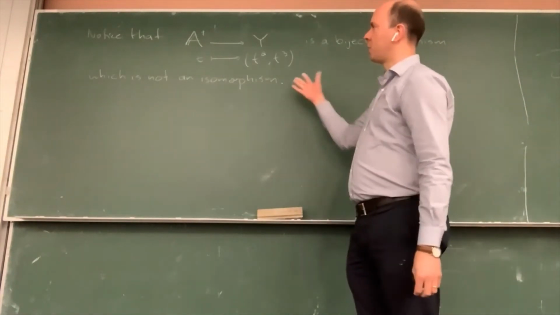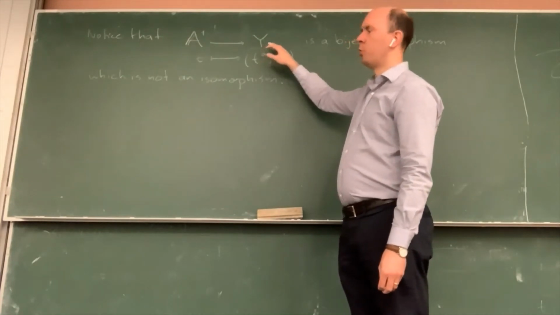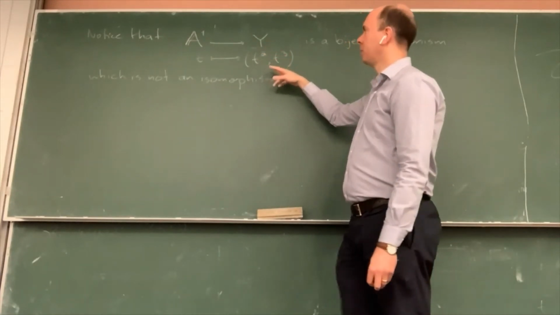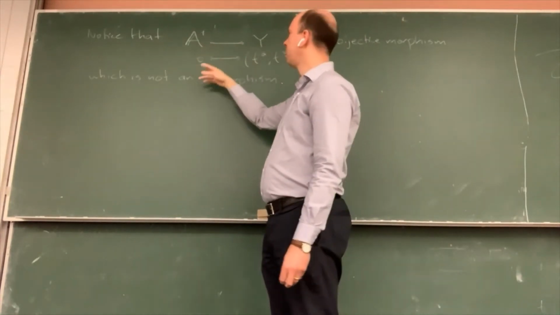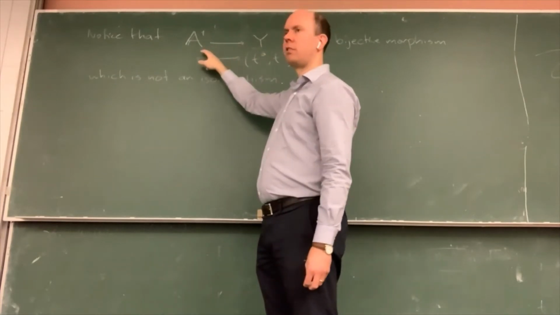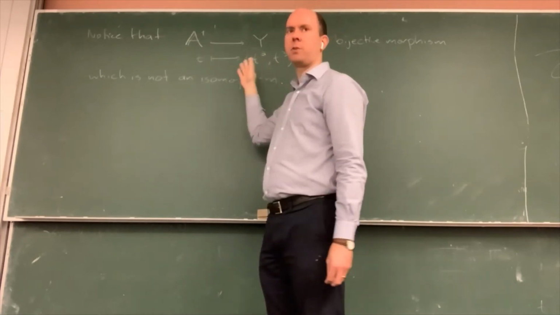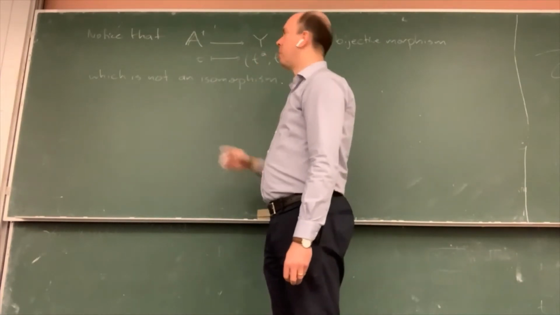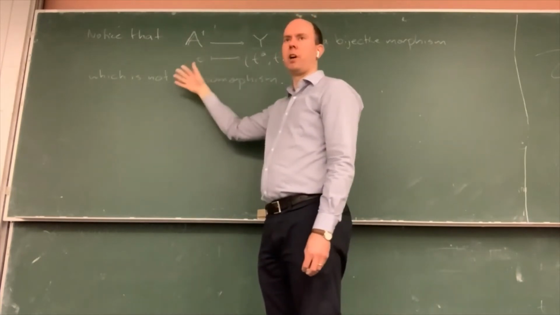So this is the sort of thing that can happen when you have non-normal varieties around. I mean, this is a bijection on the level of C points. For every complex point of the variety Y, if you write x1 and x2, there's a unique t for which x1 is t squared and x2 is t cubed. But the map which takes x1 and x2 to that t is not a morphism of varieties.